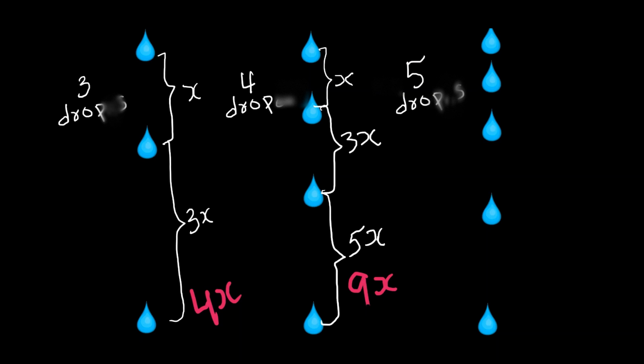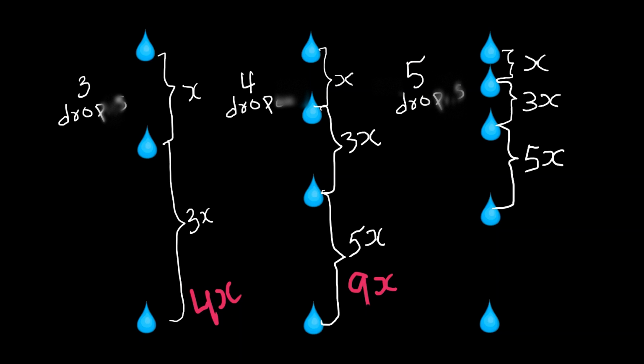The distance between the fifth drop and the fourth drop is x, between fourth and third is 3x, between third and second is 5x, and between second and first is 7x. The total distance is 16x. Okay, this is one method. So directly you can take the values 4x, 9x or 16x, equate it to the height so that you get x, and then you get the remaining distances.